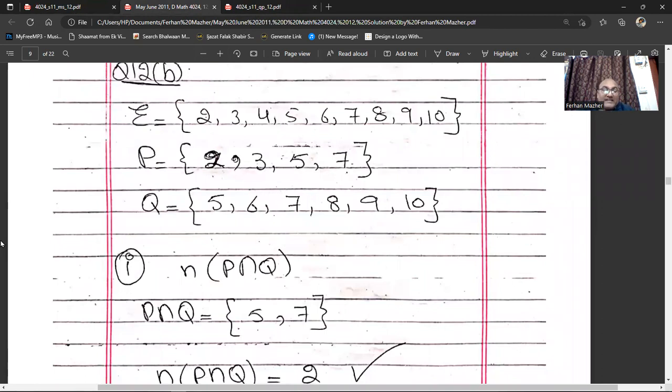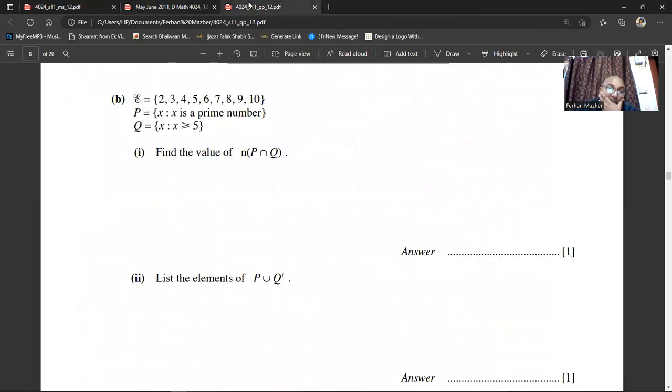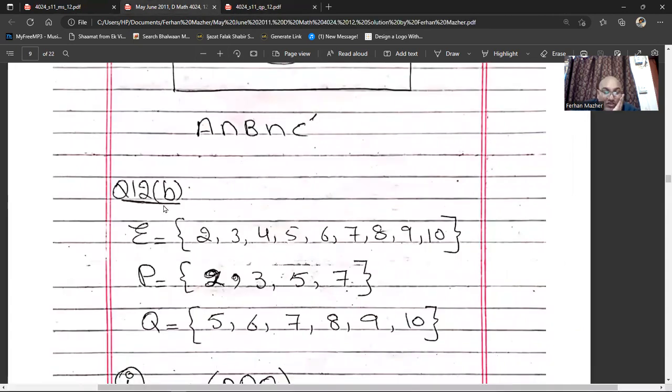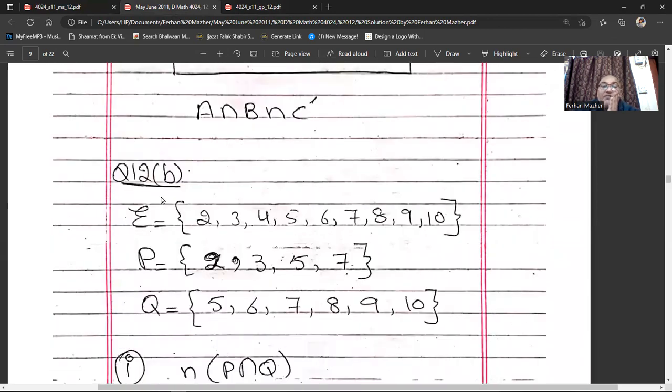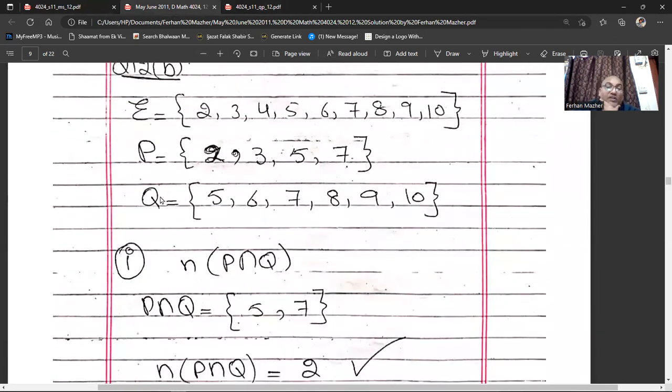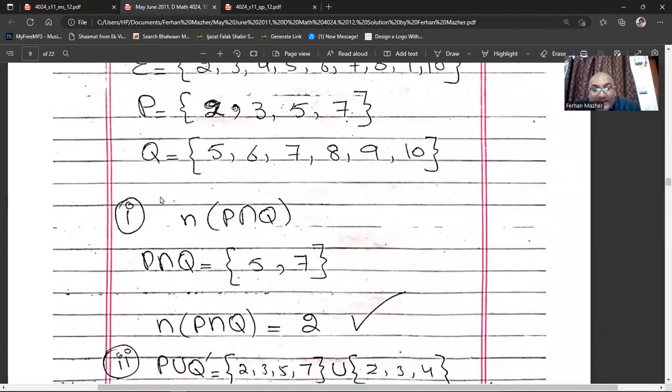So the universal set is given. The prime numbers in this set are 2, 3, 5, and 7. Q is the numbers which are equal to 5 and more than 5, so Q will be 5, 6, 7, 8, 9, 10.